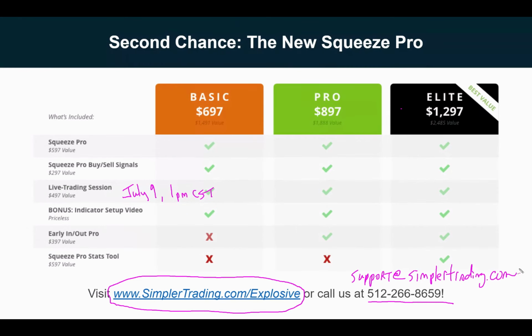Does the basic include the tool that shows the squeezes? Yes, the basic does. Remember, the Squeeze Pro is kind of the meat of this whole thing. This is the black, red, and orange dots.